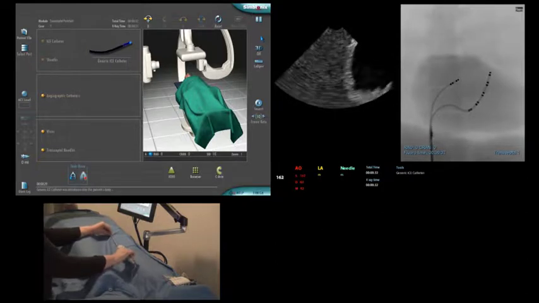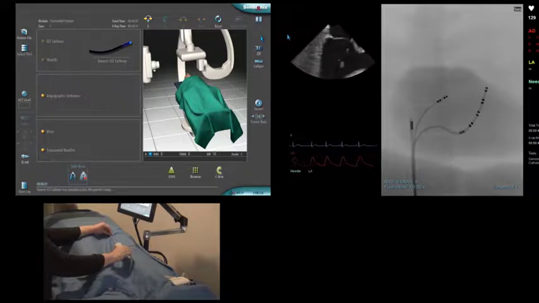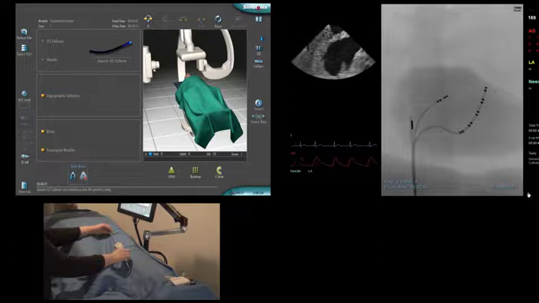You see here that the operator is on the lower part of the right side, and on the left side of the screen you see that the ICE is introduced.